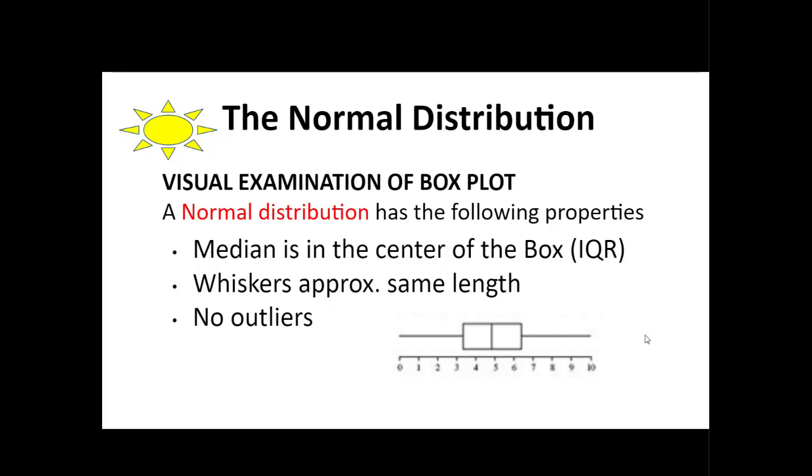If there are outliers, you can always look to see if they're balanced. For example, if there's an outlier that is substantially lower than the majority of the data, and an outlier that is substantially greater than the majority of the data, then they tend to balance things out. So you can look for something like that.